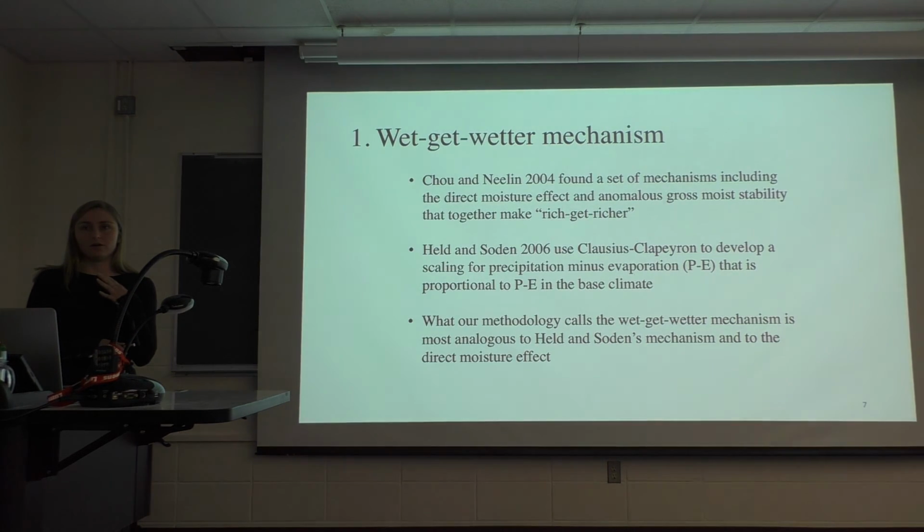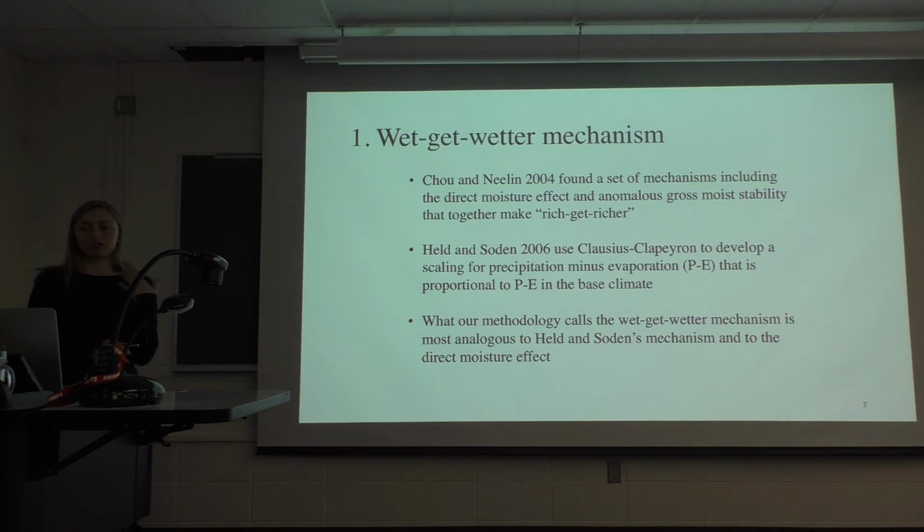And they have a mechanism that comes out of that called the rich get richer mechanism. Held and Soden came up with a similar mechanism using a moisture budget and found that precipitation minus evaporation response follows precipitation minus evaporation in the control climate. And so we have kind of a mechanism that's analogous with portions of these mechanisms in our work.